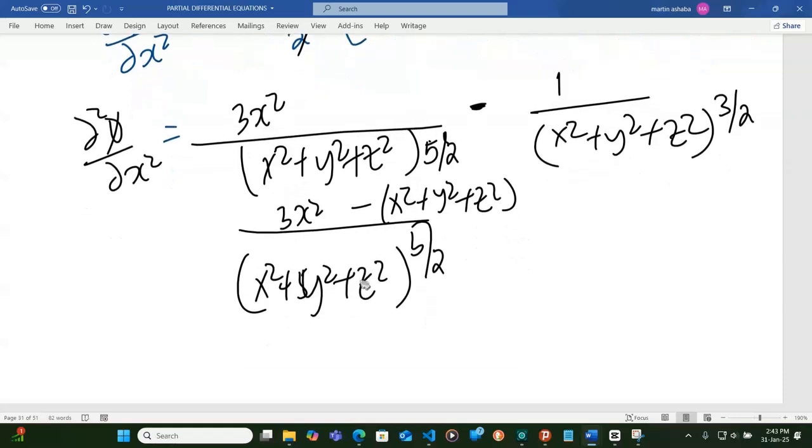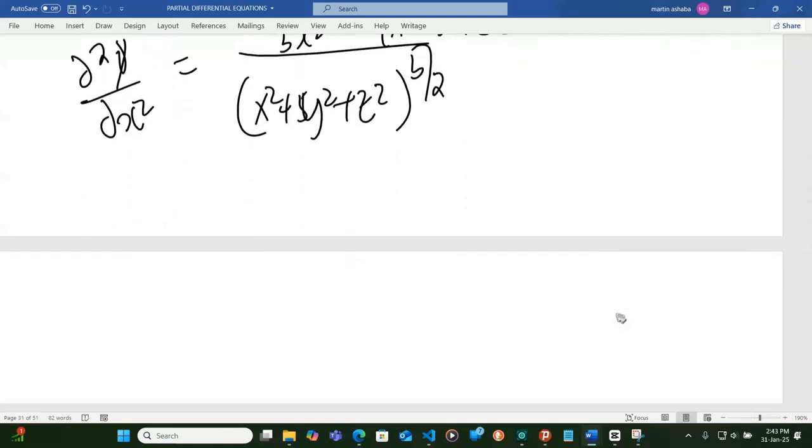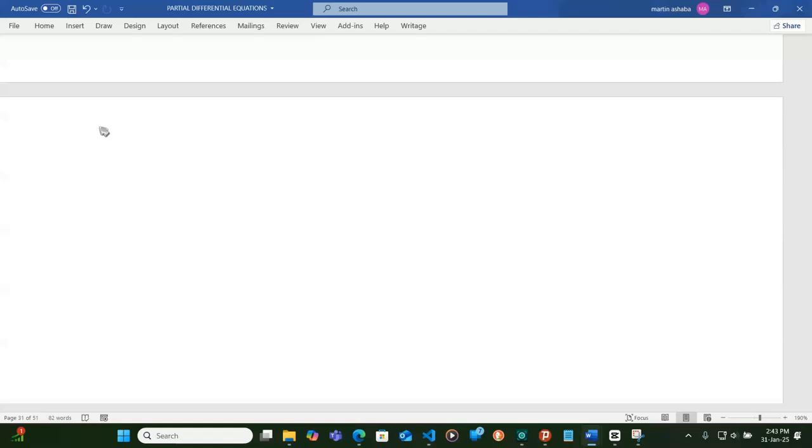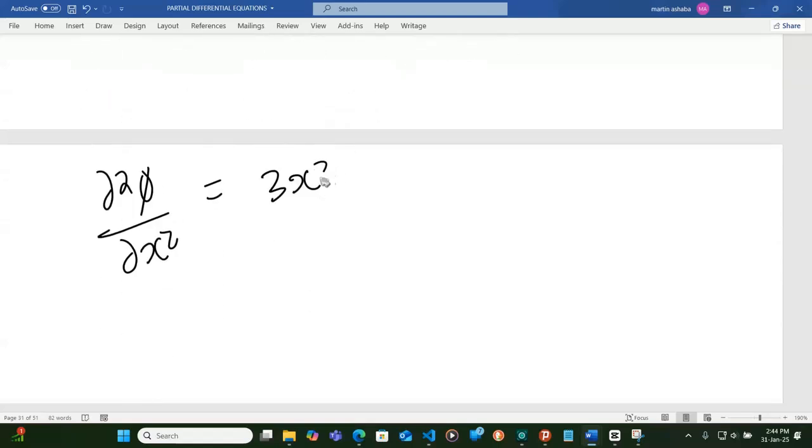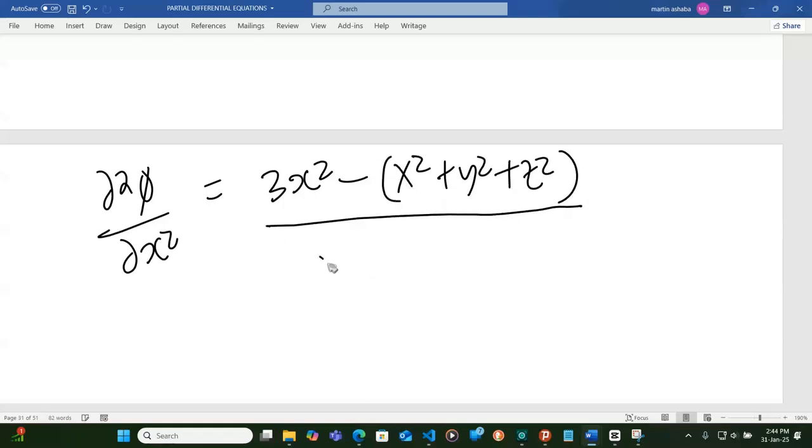So this is going to be del 2 phi by del x squared. Finally, let me rewrite it properly: del 2 phi del x squared will equal 3x squared minus (x squared plus y squared plus z squared), and everything divided by (x squared plus y squared plus z squared) to the power 5 over 2.